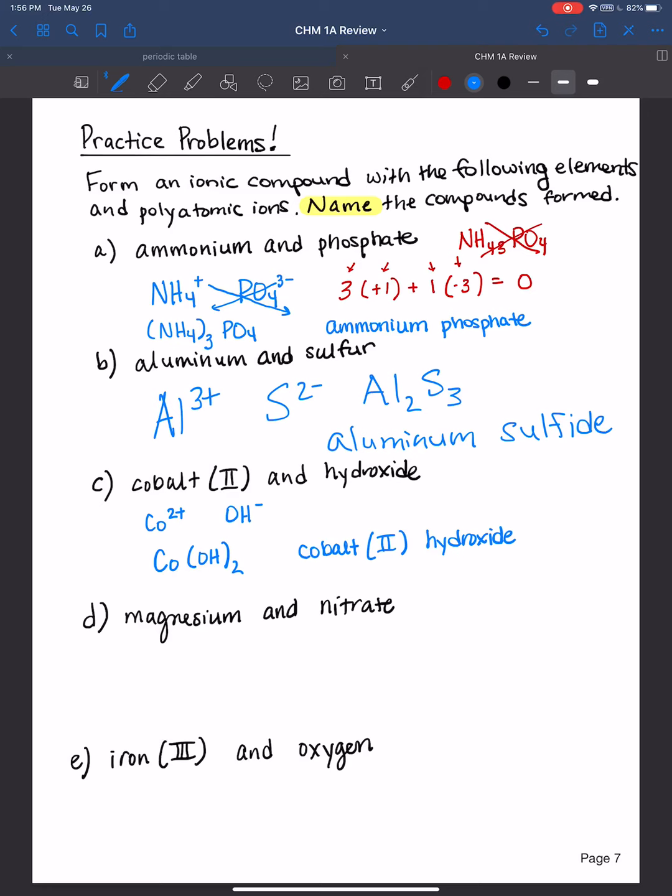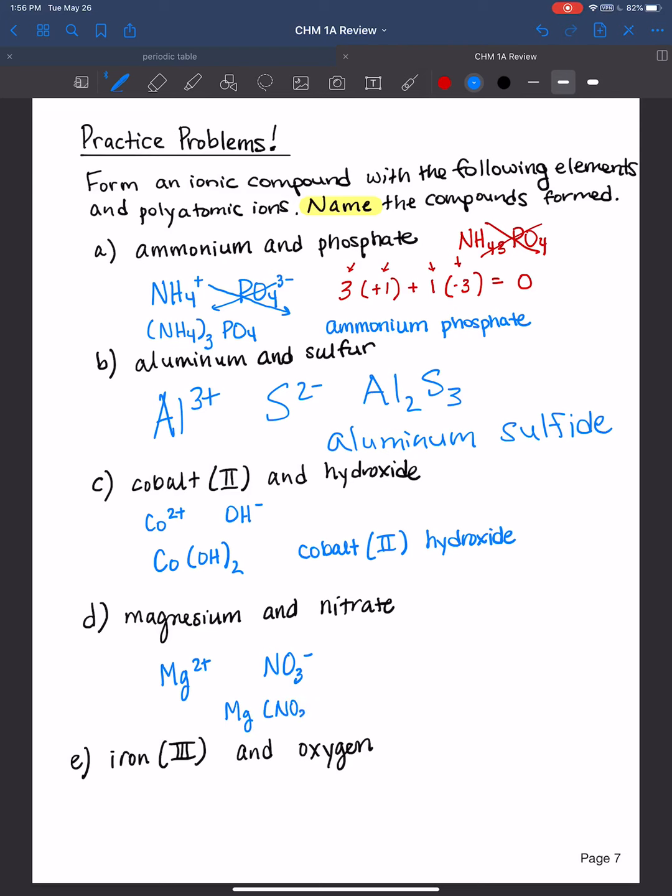All right, if you have your periodic table handy, what is the charge for magnesium? Always 2+, good. And nitrate is a polyatomic ion. NO3-, excellent. Crisscross rule, how many magnesiums do we have? 1.